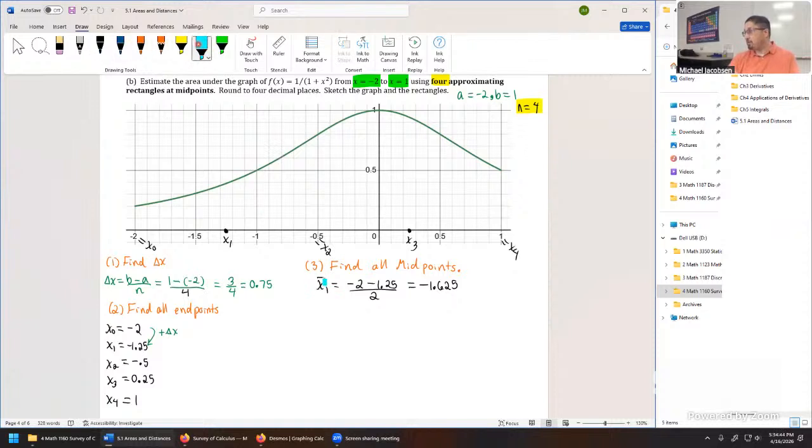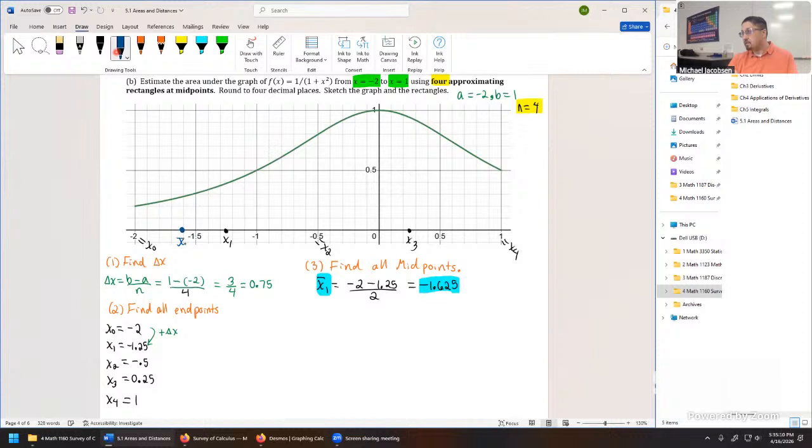This probably needs its own color coding altogether. So let me use blue for all of these. Here's x bar 1, roughly about here. So lots going on in this diagram, but once we have the first midpoint, let me see if I can get that to look a little bit better by eye.